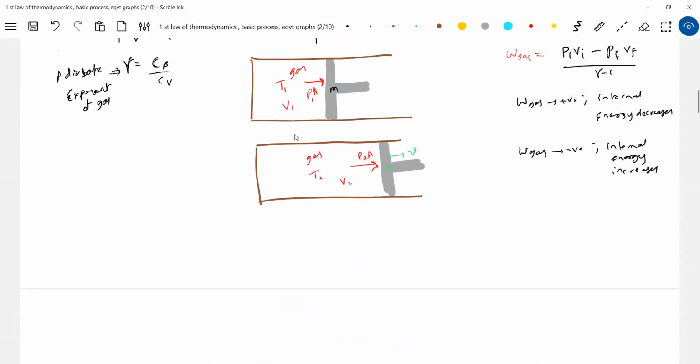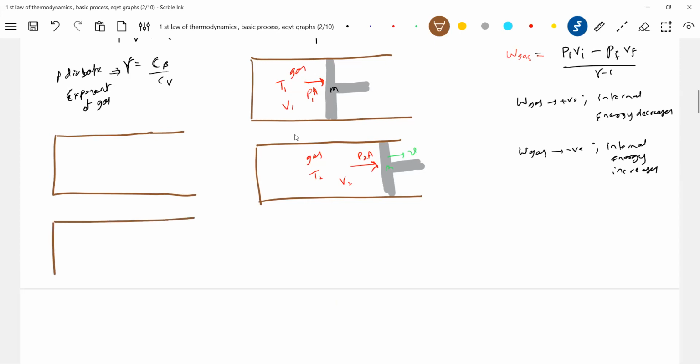We can also put it in another way. The piston is here. Now the external agent will push that piston. This is the gas, and this is the external agent. Slowly let him push.